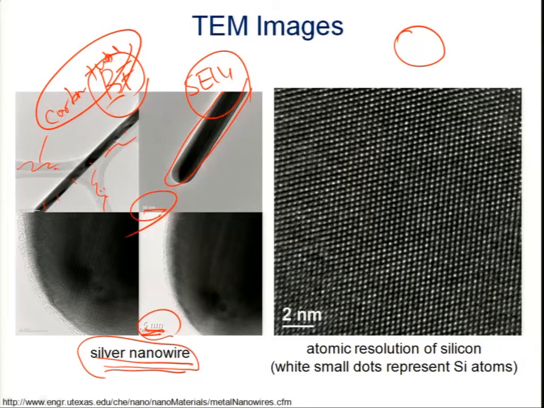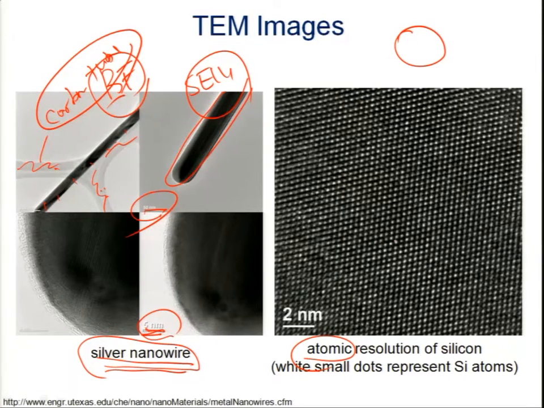When you mix diffraction images with the bright field images, you can see the atomic arrangement. This is 2 nanometer, and all these white dots represent each of the silicon atoms.